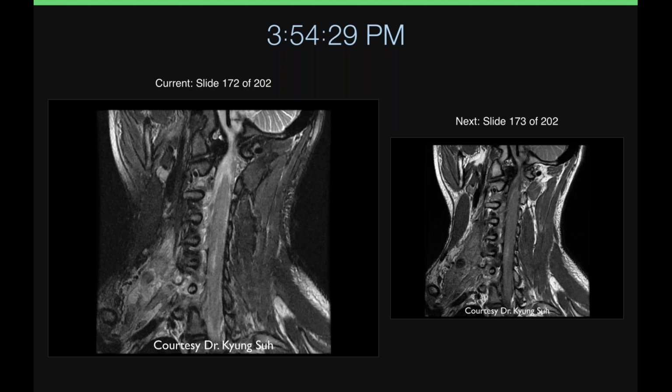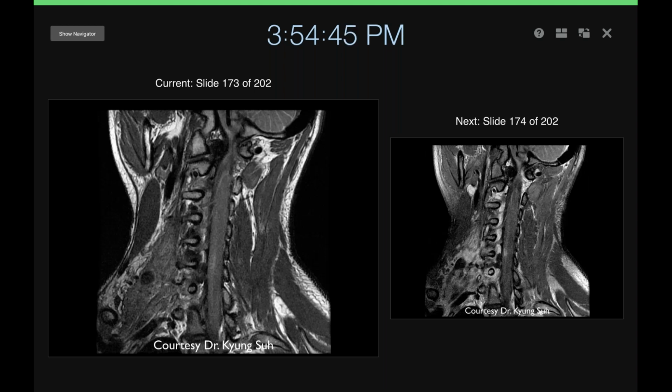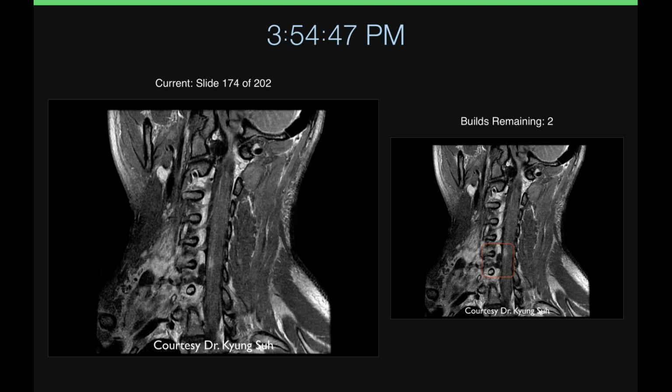Okay, and here are some of the oblique sagittal images. Yeah, you can see the nerve roots, and something higher up here, a little bit of edema within the cord. Here, the nerve roots one level lower down look completely abnormal.